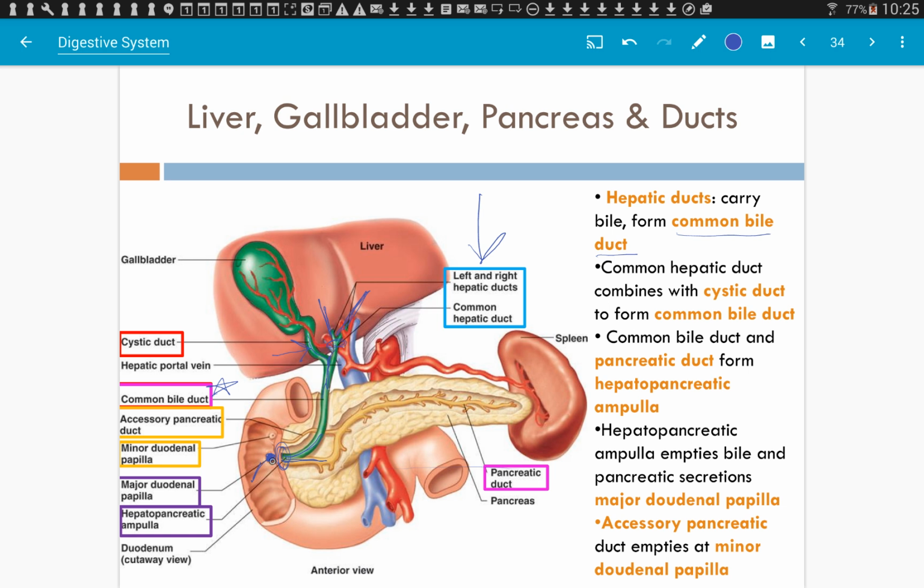So there's a little sphincter that controls the bile and enzymes entering into the duodenum, okay?